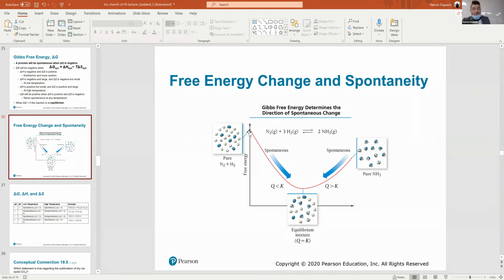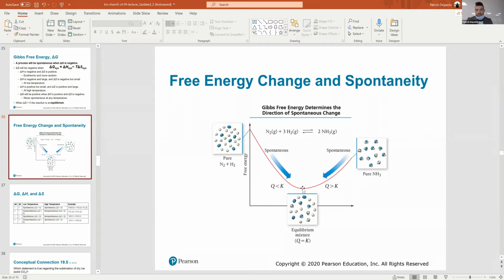Remember that Q is less than K in the beginning, because most of the molecules are reactants, and then eventually they turn over to products, but then they might go too far. If you have just products, they will go down to reactants, and then the rates of the forward and reverse reactions will be equal, making an equilibrium, Q equals K. Q is the reaction quotient, if we remember.